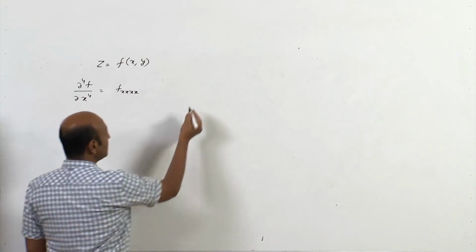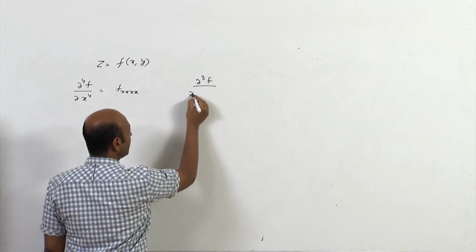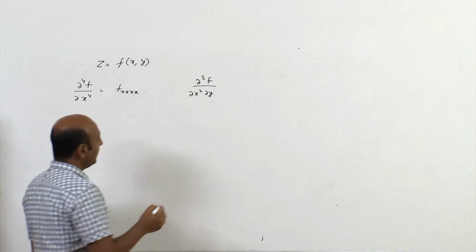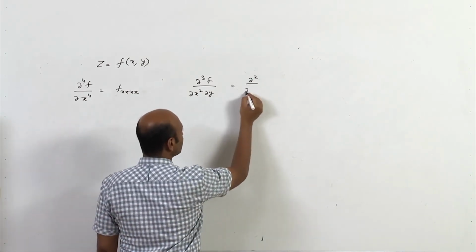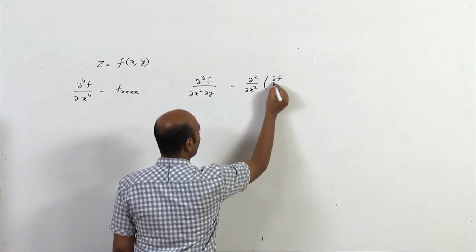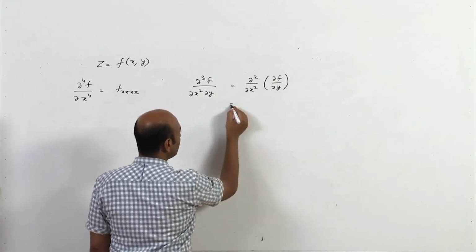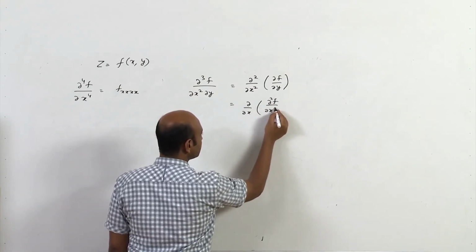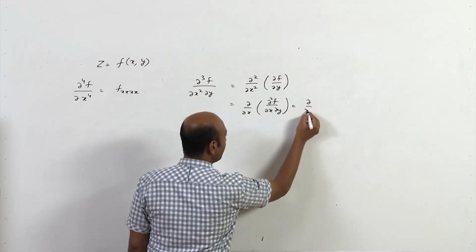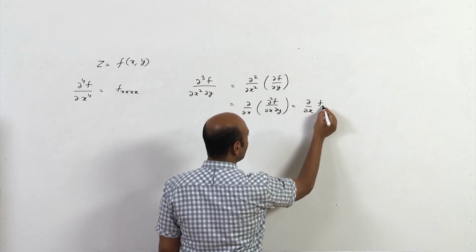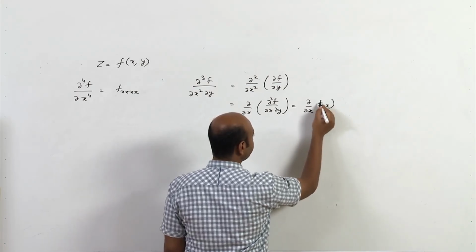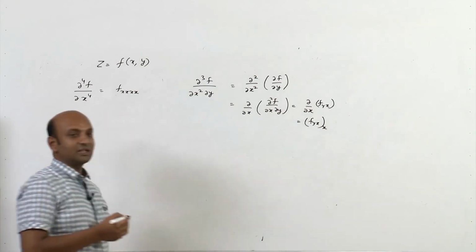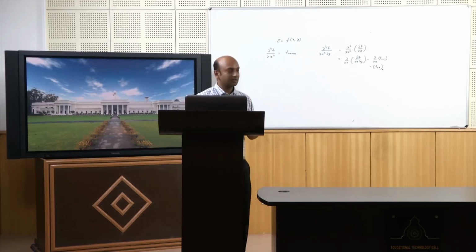We can also define, say, ∂³f/∂x²∂y, which is simply ∂²/∂x² of ∂f/∂y, or ∂/∂x of ∂²f/∂x∂y. So these are all representations of the same expression basically.